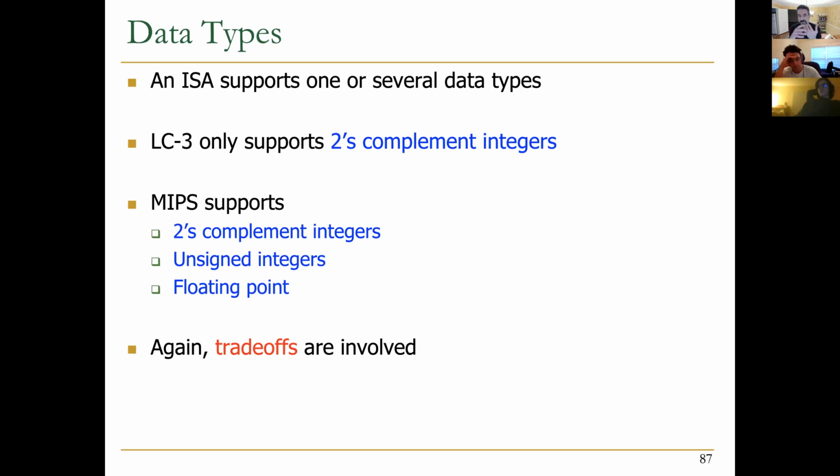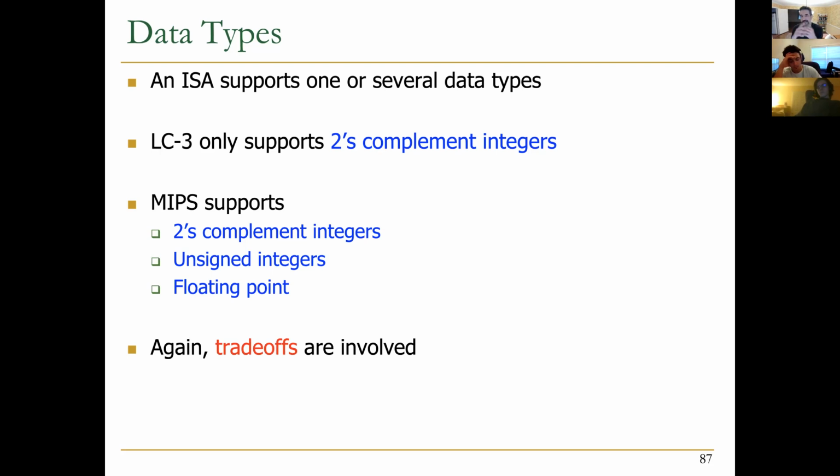Obviously, if you support fewer data types, your hardware implementation becomes easier, while more complicated, or more variety of number representations or data types become way more complex at the hardware, but provide opportunities for writing programs more efficiently.